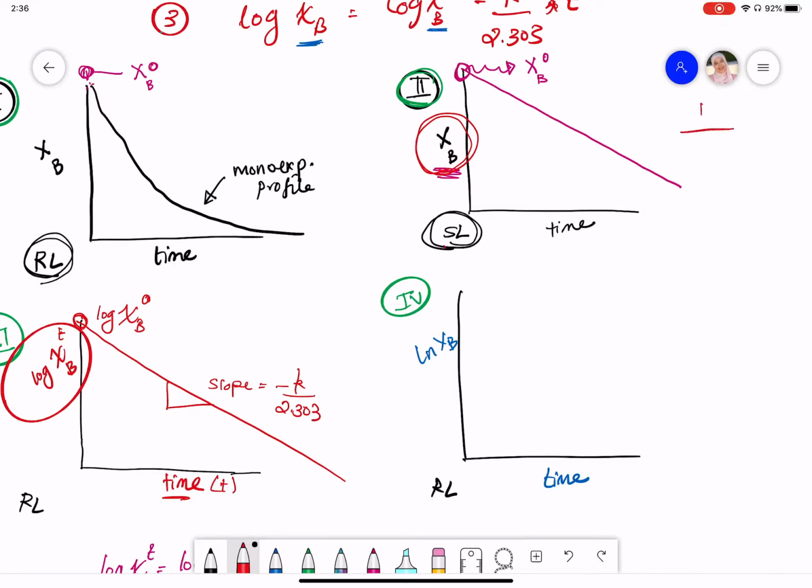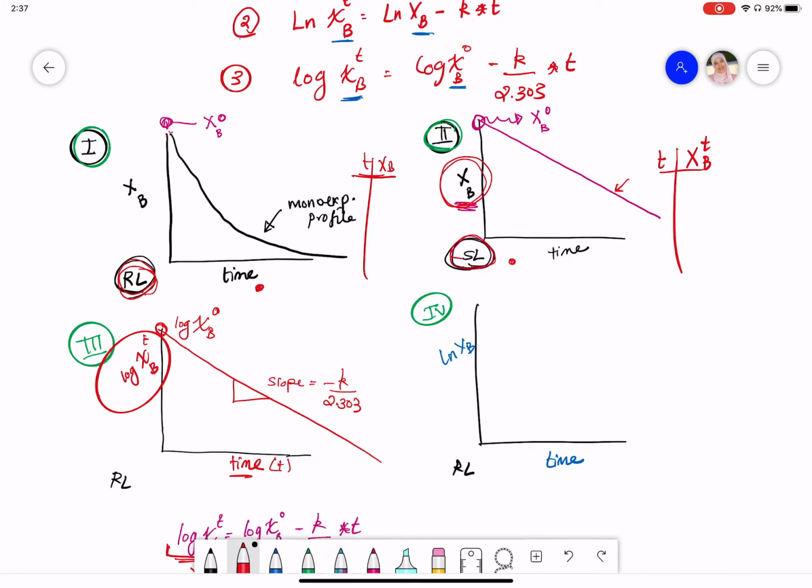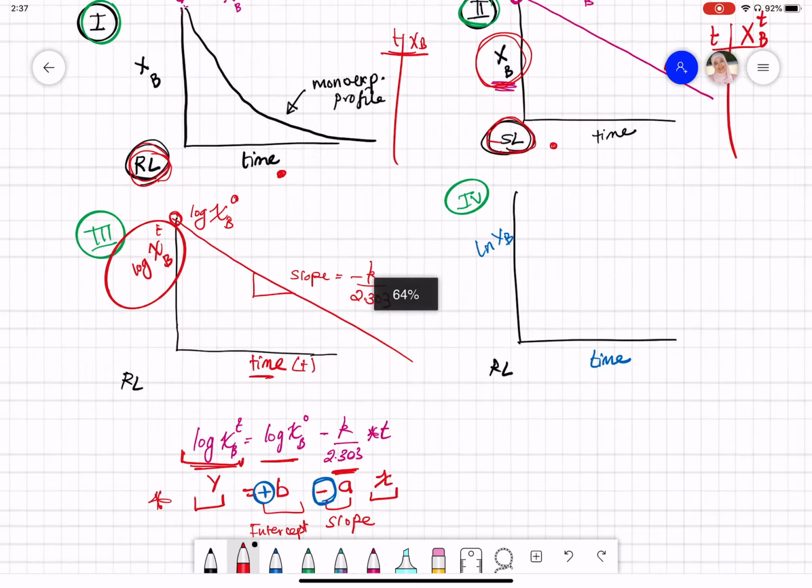As we mentioned here, this will be the Xp profile, it's just drawing Xp versus time at certain time, which is the same here, Xp versus time. The only difference between this one, which is number one, and number two profile, is that this is on a rectilinear profile and this is on a similar profile or graph.